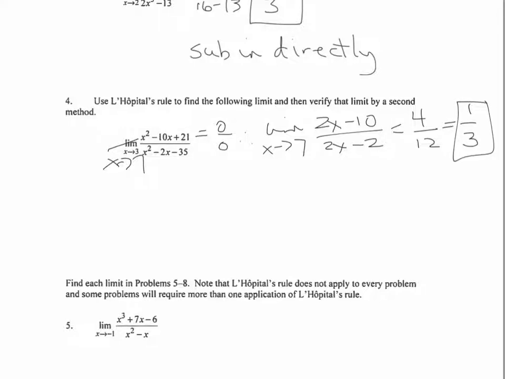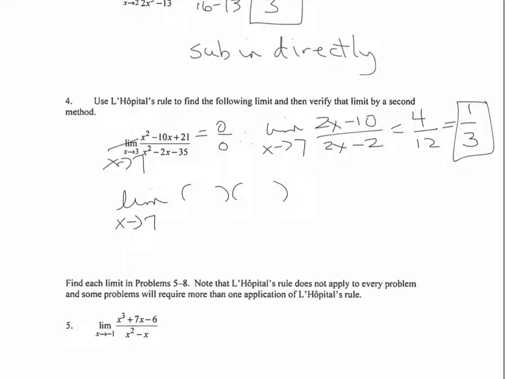Now it said verify by using a second method. One of the things we did in Chapter 10 is we factored when we could. Look at these. These are trinomials. Is there a pair of numbers that I could get to multiply to give me a positive 21, add to give me a negative 10?